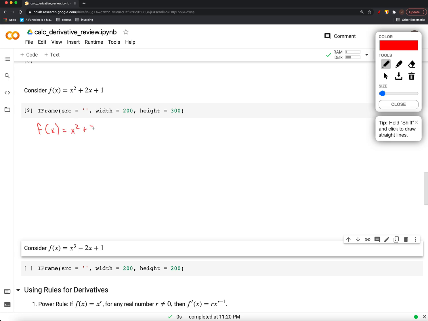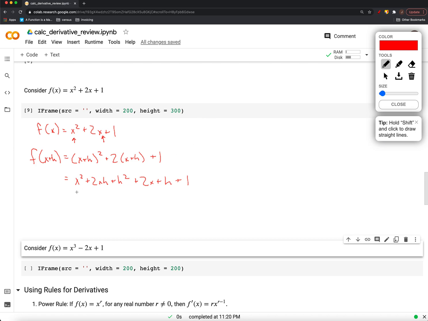It's x squared plus 2x plus 1. We need f of x plus h. So everywhere we have an x, we're going to substitute x plus h. And simplify. So x squared plus 2xh plus h squared plus 2x plus h plus 1.